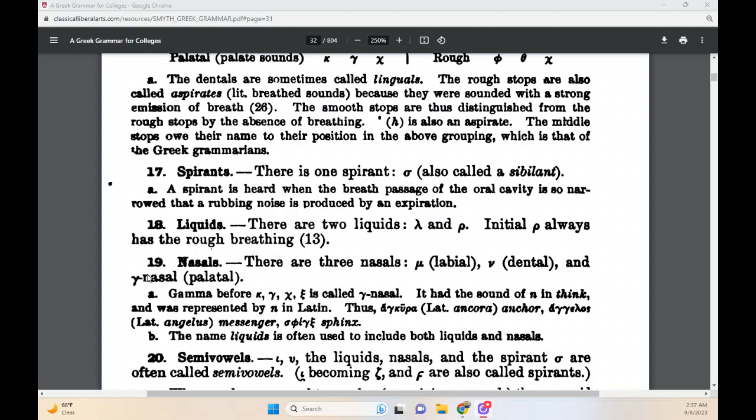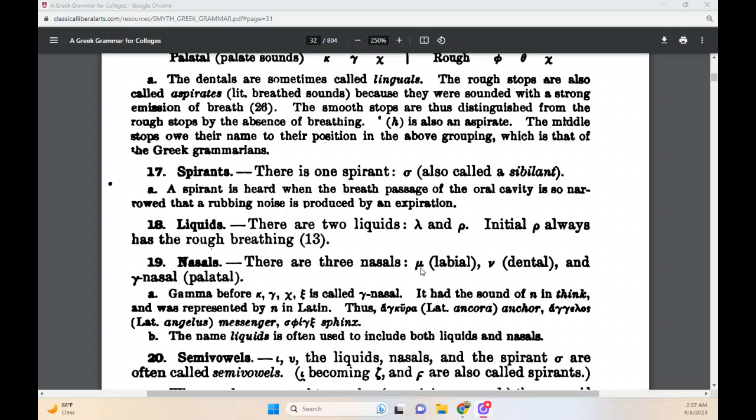Next, in Article 19, we learn about the nasals. Those are the consonants where the sound is produced through the nose. We learn that there are 3 nasals: the letter mu, the letter nu, and gamma nasal, which is palatal. So mu is labial. It's produced by the air and voice moving through the nose, but also using the lips to produce that m sound.